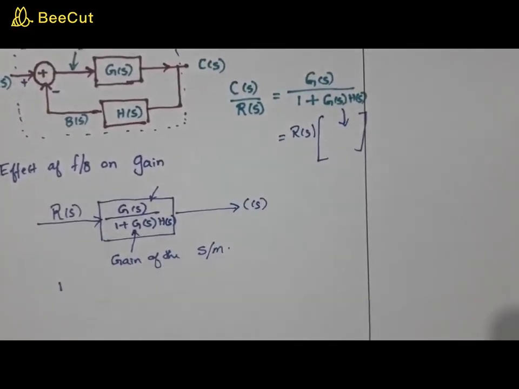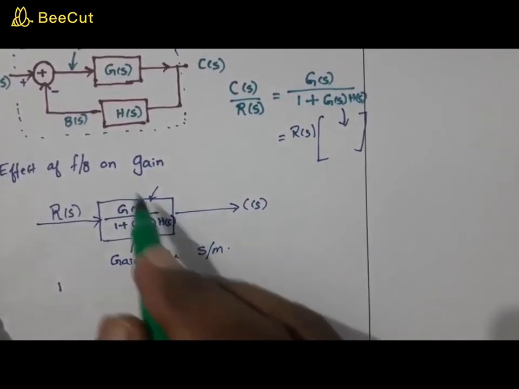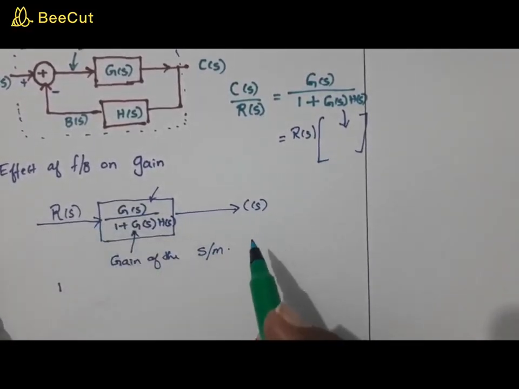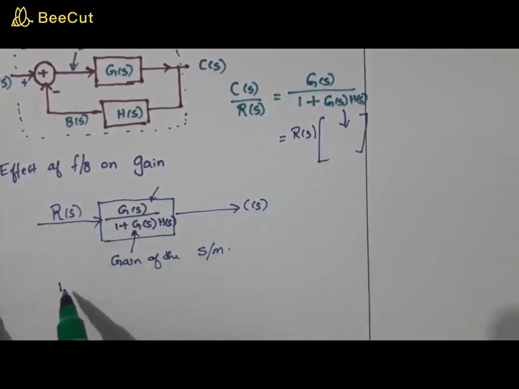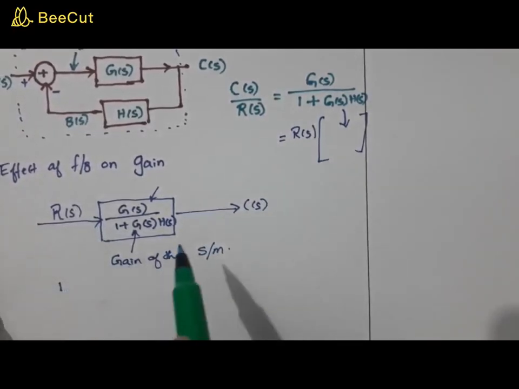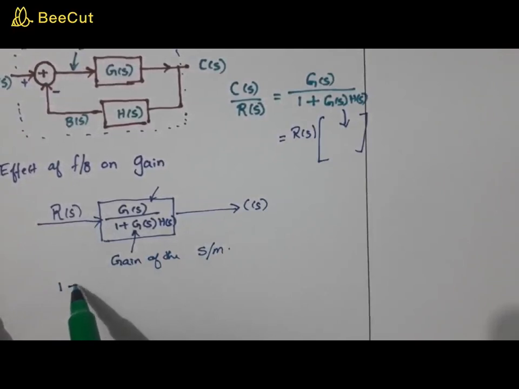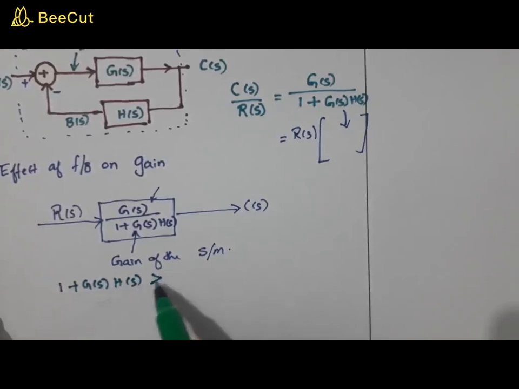Now from this we can see that this can represent the gain of a system. This gain depends on 1 plus G of S H of S, which can be greater than 1 or less than 1, right?